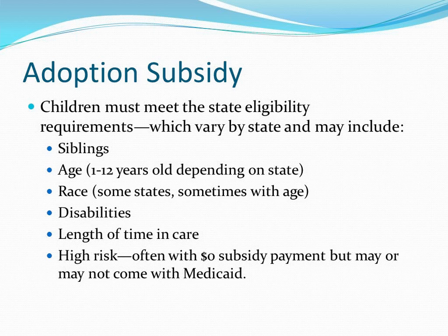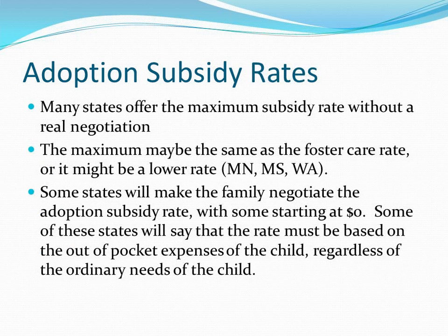Adoption subsidy rates. As with the Guardianship Assistance Program, states do not provide adoption subsidy higher than what the foster care rate is. That's a federal rule, and no state does it. Some states will offer families the maximum rate, and sometimes that's the same as the foster care rate.